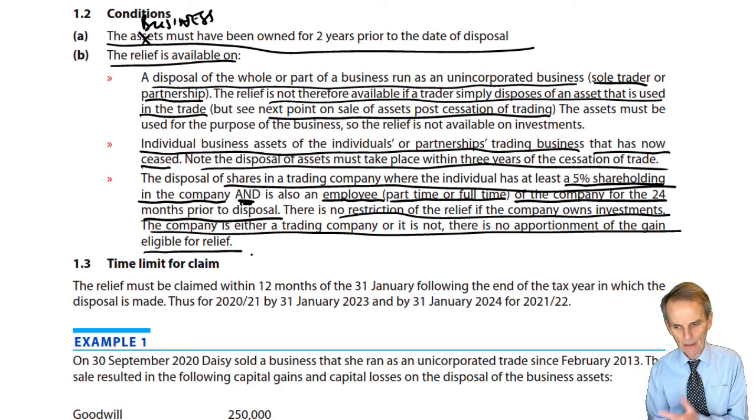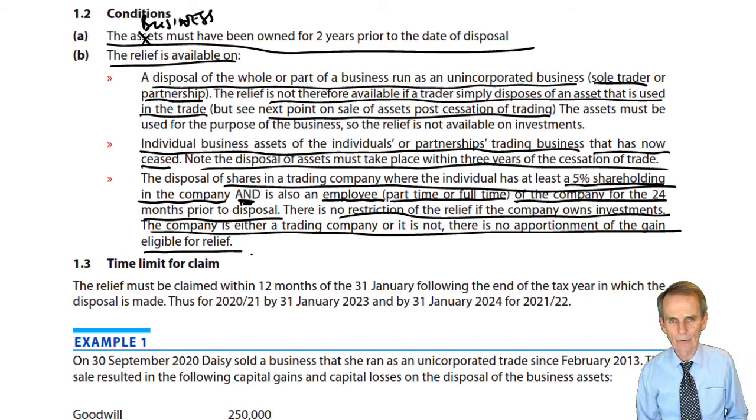On certain reliefs, if you have a business that has a mix of both assets used in the trade and basically investment assets, then proportionately we may limit the gain to that proportion that pertains to the assets used within the trade. The business, the trading assets, not the investments.